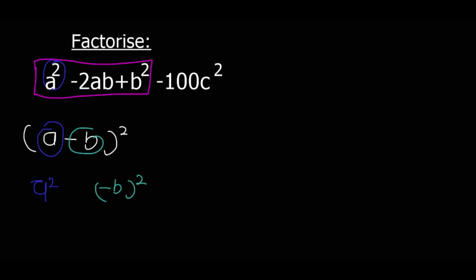And then we know that when we want the middle term, we take this one times this one times this one, and this means we get minus 2ab, so we have a squared minus 2ab plus b squared.